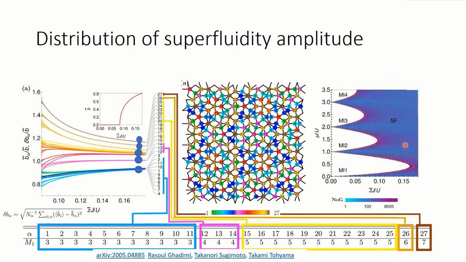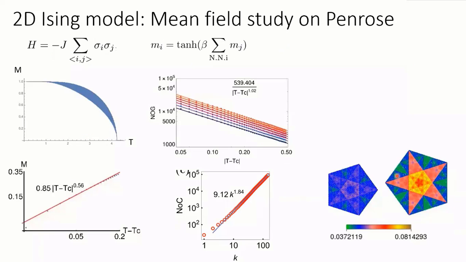I think any mean field equation shows this fractal structure, considering thermal phase transition or quantum phase transition.